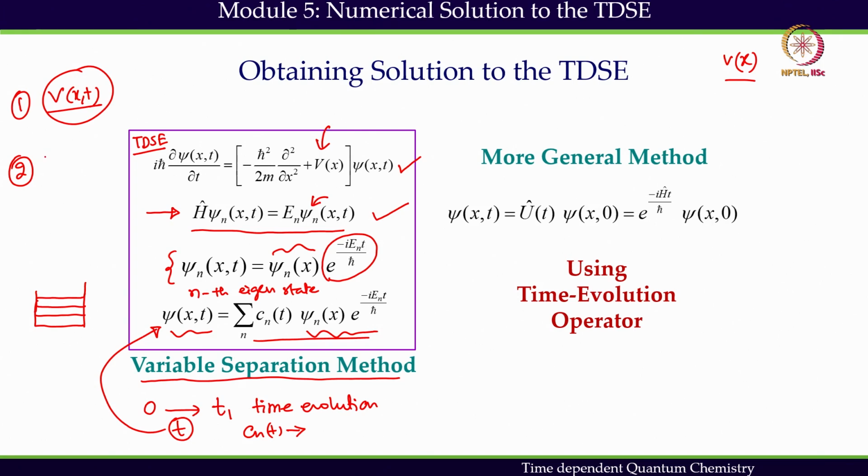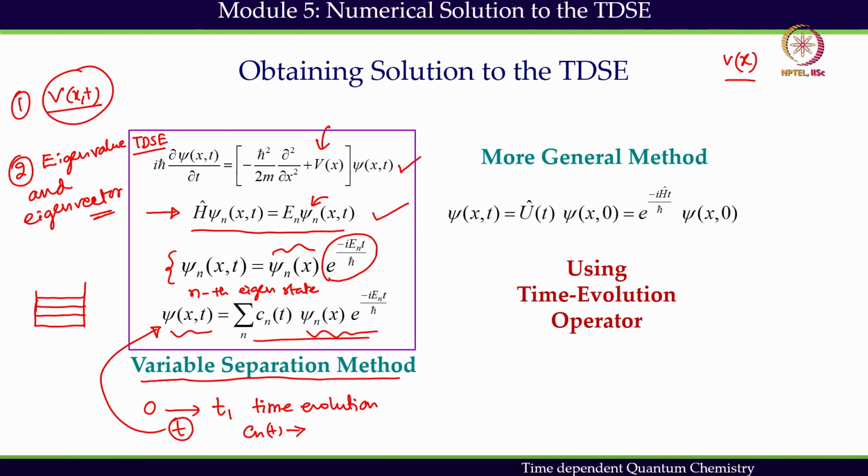So if I want to get a solution of TDSE with the help of eigenvalues and eigenvectors, it may not be practical because a very large number of states are needed, or because calculation of these states are too expensive.